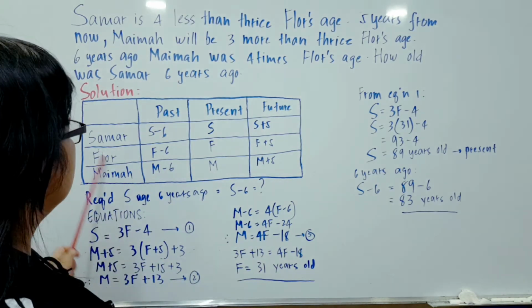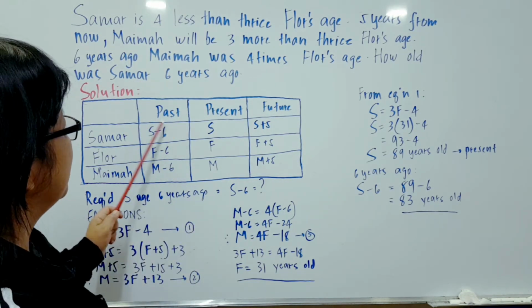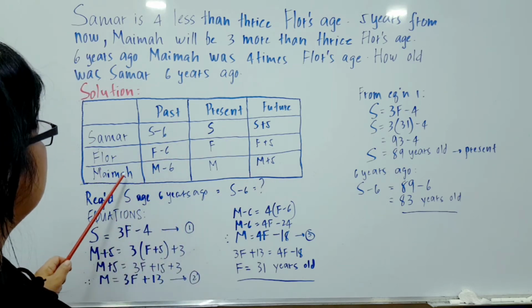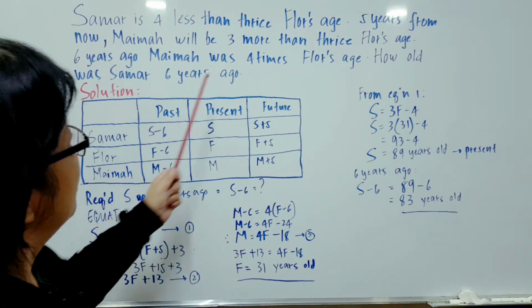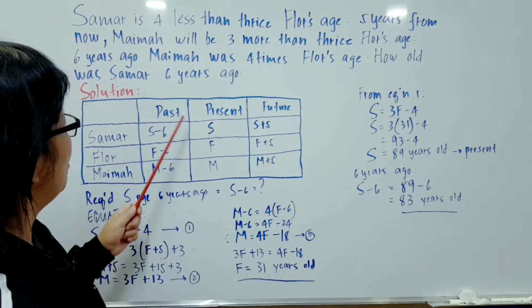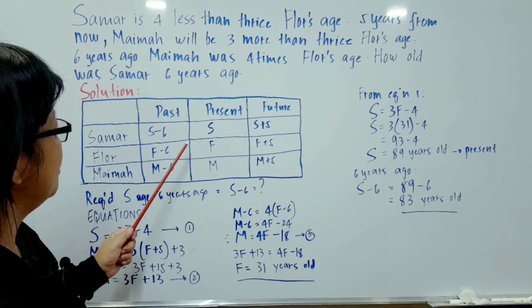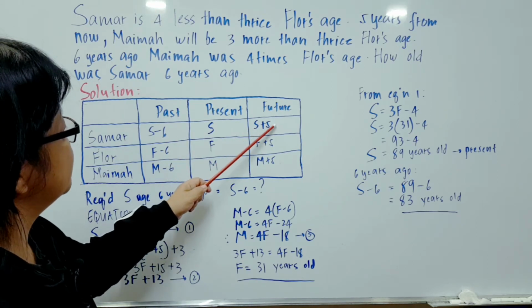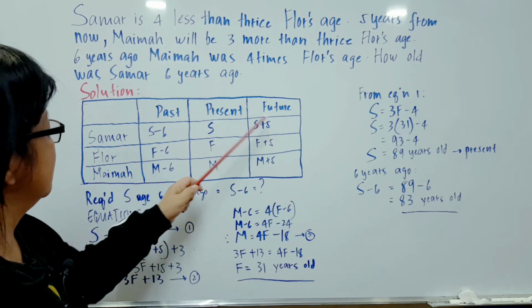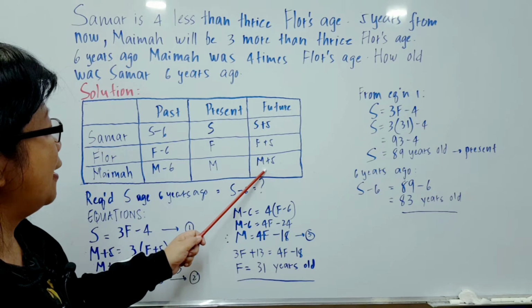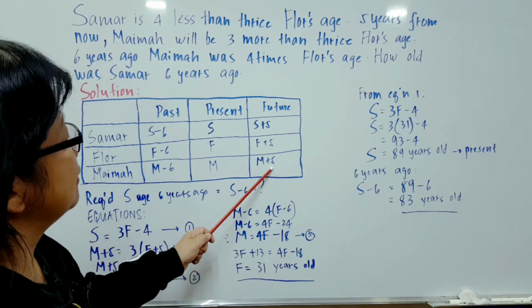So, here, we tabulate the past, present, and future ages of the three persons: Summer, Flor, and Mima. Now, here, it is written that 5 years from now, that means their future ages are: Summer plus 5, Flor plus 5, and Mima plus 5.